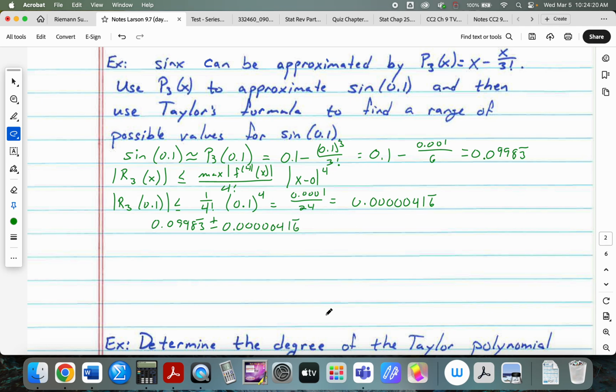So if we're given a range of possible values, if we subtract those two, we get 0.099829116 repeating.